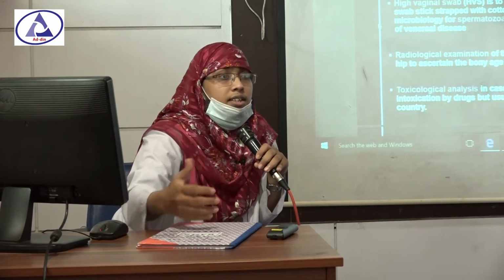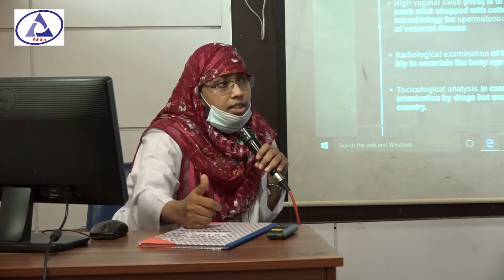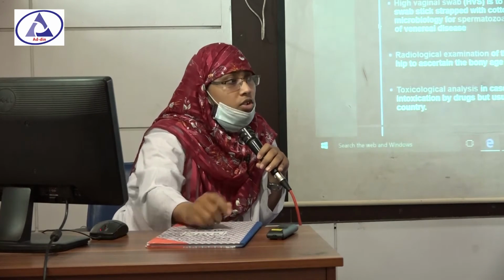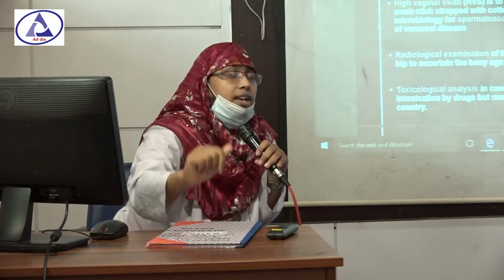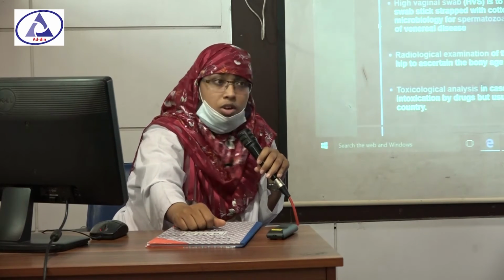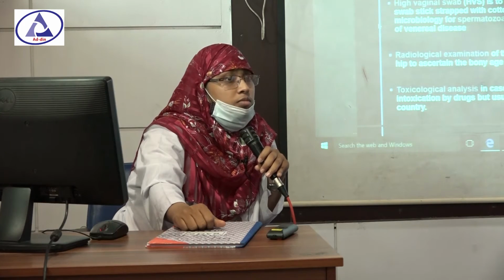If we consider the vagina's upper part and lower part, the sperm will be found in the upper part. That's why you should take the swab from the high vaginal region, and that's why we say high vaginal swab examination. It will also be asked in the viva why it is high vaginal swab.